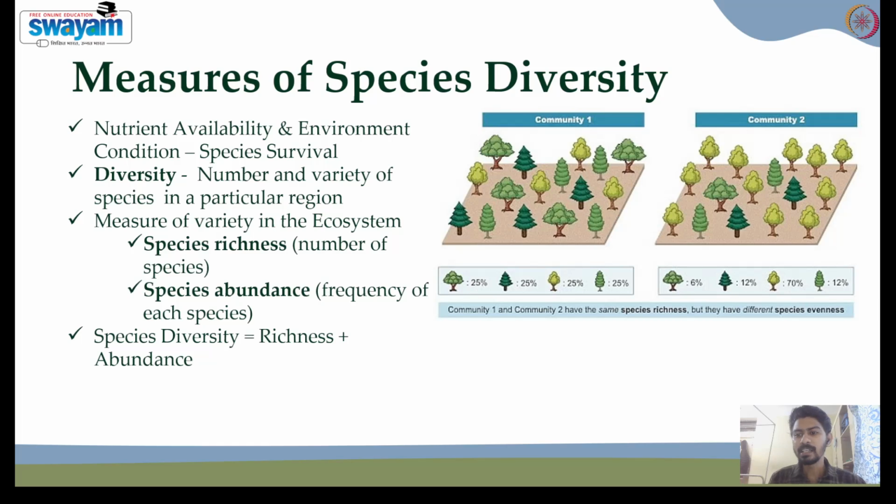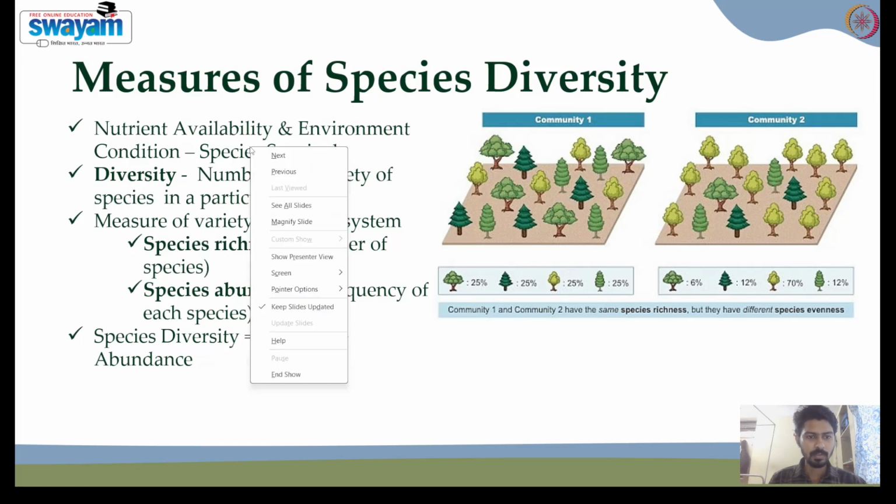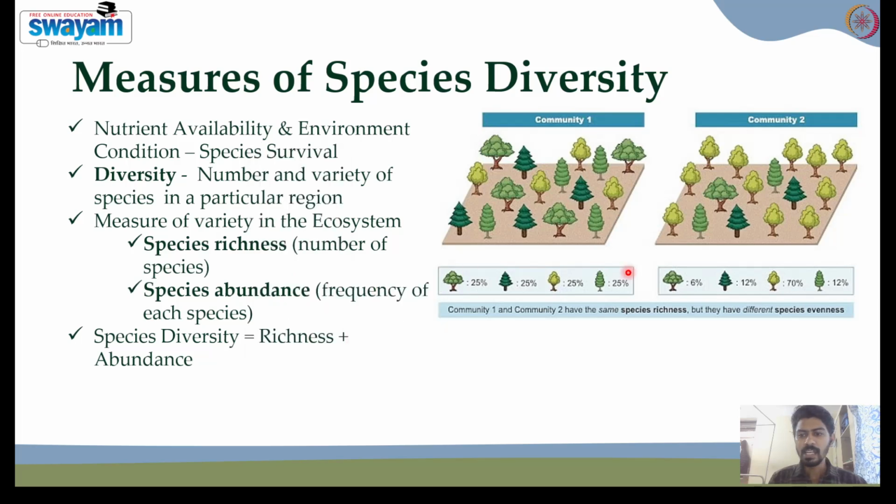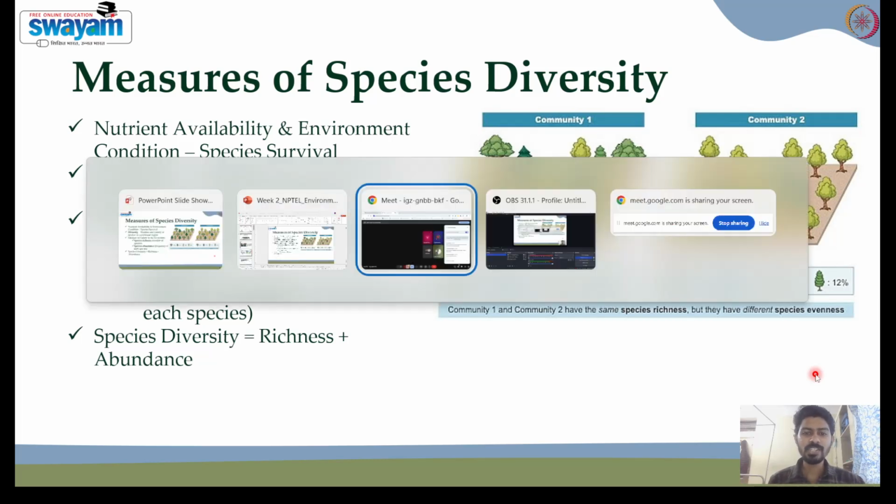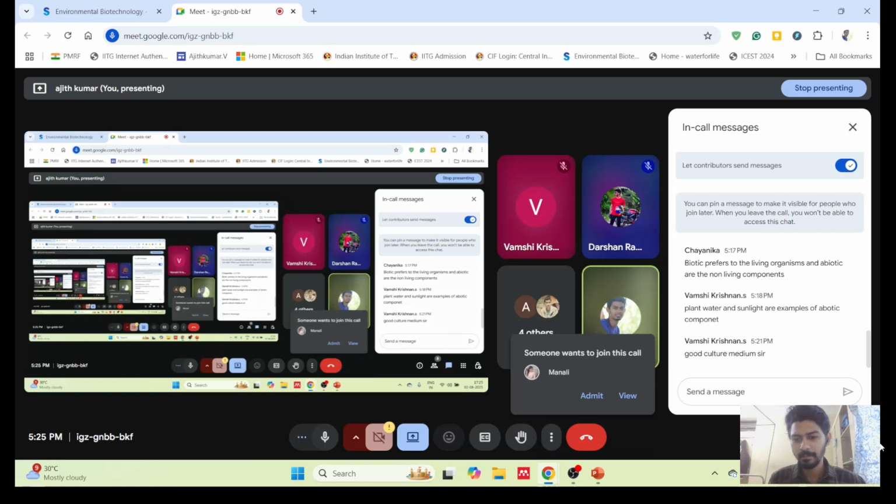For example, in community 2, one type of tree has 70 percent dominance over the other trees. So here there is a difference in abundance, while the species richness is the same. If we combine species richness and abundance, it helps us measure species diversity.